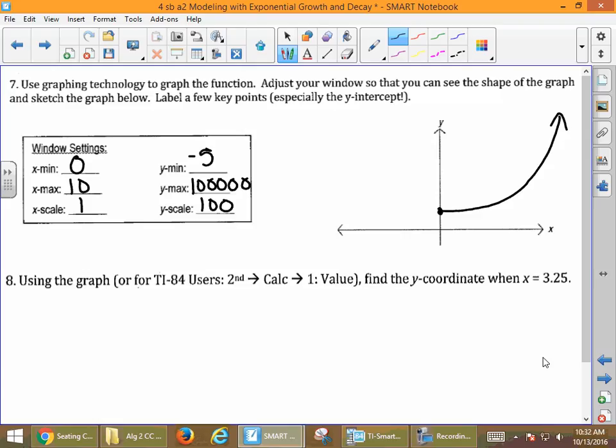And what it says is, label a few key points. Well, if you remember from the table that we just looked at a minute ago, our first value was 0, 1500, and that's our y-intercept. And then we could come up with another value here on our table.